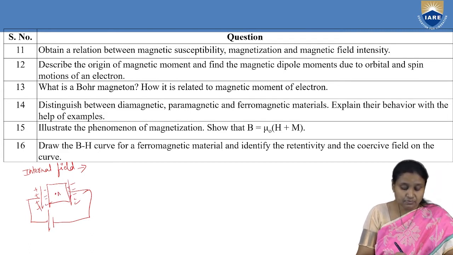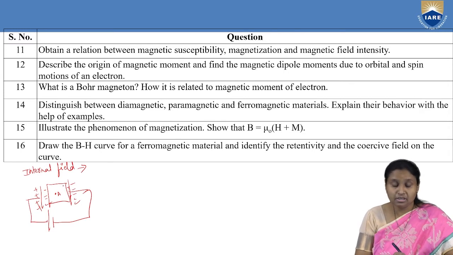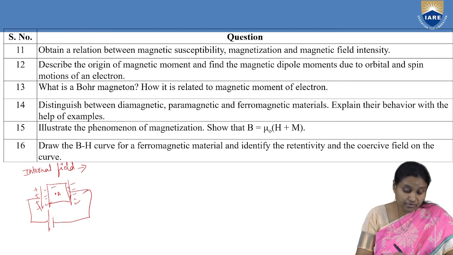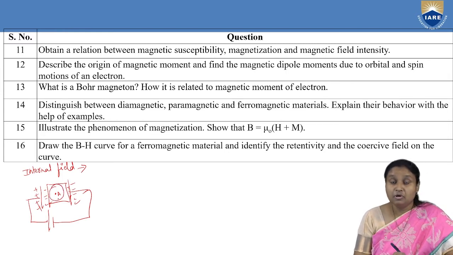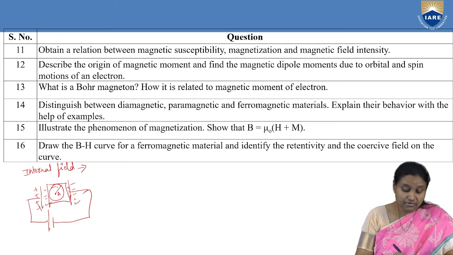Then we select one point inside the dielectric material. It can be a point or an atom, and around this atom we imagine a sphere whose radius R is very small compared to the whole dimension of the dielectric. On the surface of this sphere we again have charges developed, and inside this sphere we have dipoles.